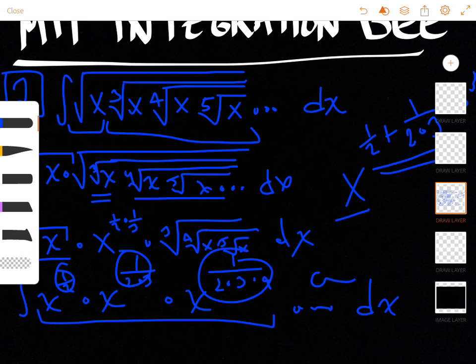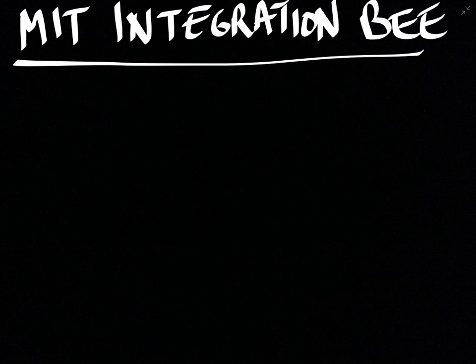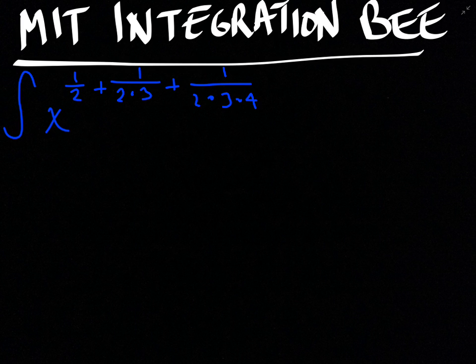All right, I'm running out of space here, so I'm going to take this layer and move it down here. And we're going to start at the top, I guess. So now we have our integral of x to the 1/2 plus 1/2 times 3 plus 1/2 times 3 times 4, and so on, dx.